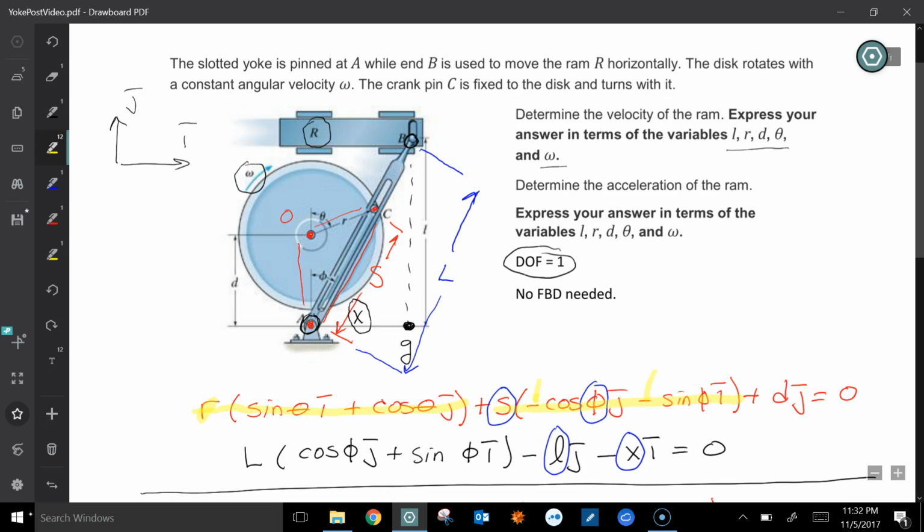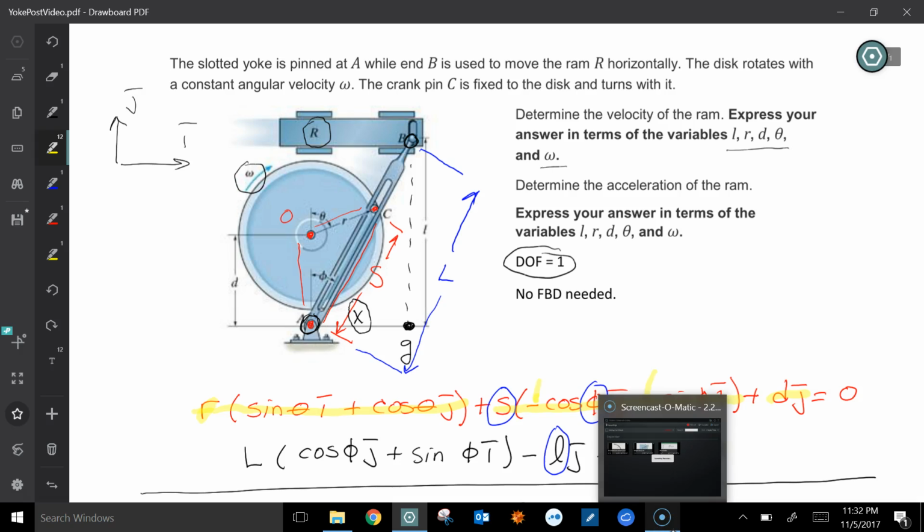Now I'm down there at point A, and I'm going to go from A to O, which means I'm just going to go straight up a distance d. Now if you stop and count the number of unknowns, you've got s and phi. Those are circled in blue. And you will end up with 2 equations from this first red equation.